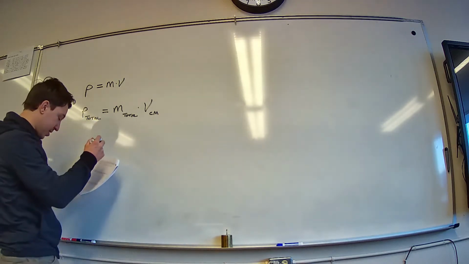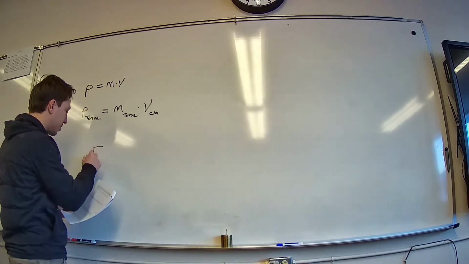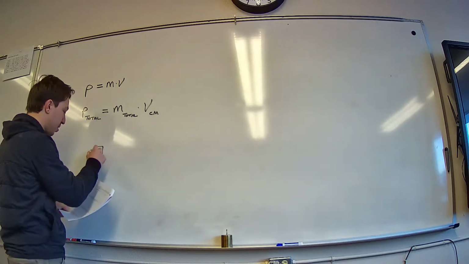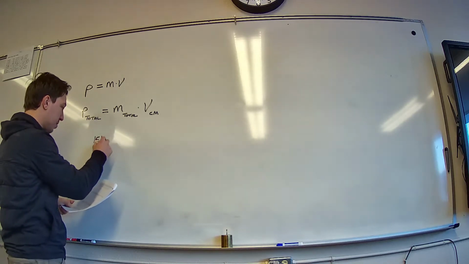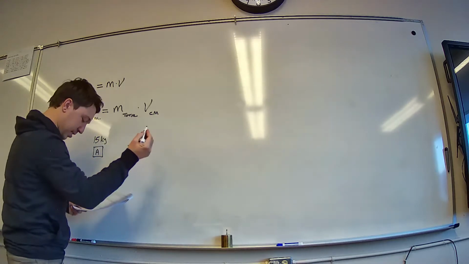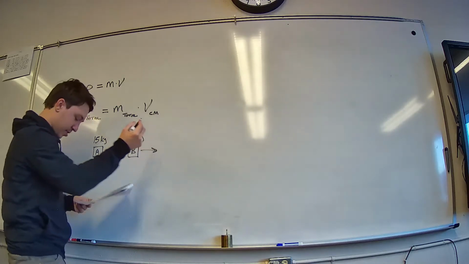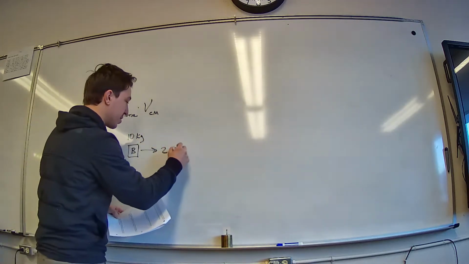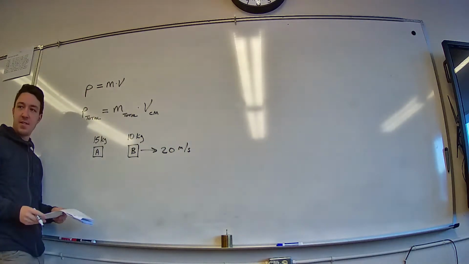So for 20, it says you've got two blocks. Block A is at rest. Here's A, a 15 kilogram block at rest. And then block B is a 10 kilogram block that's traveling to the right at 20 meters per second. Oh, it's going to be so confusing, right?